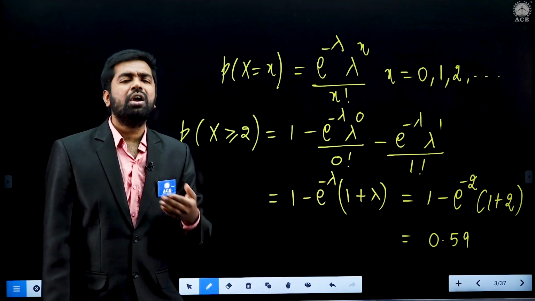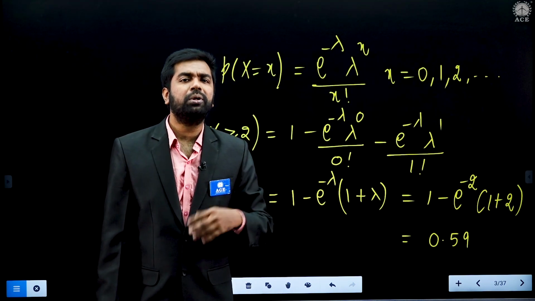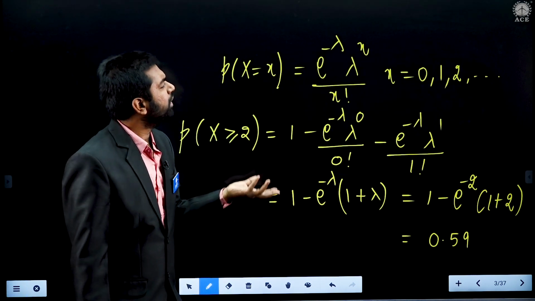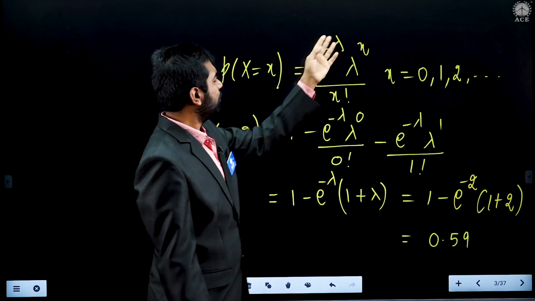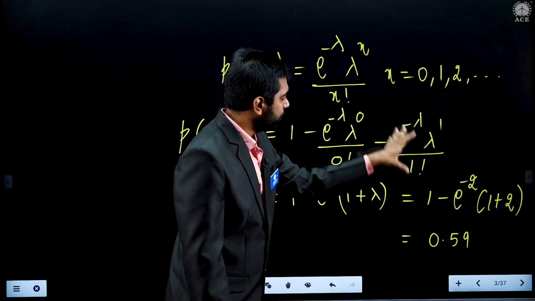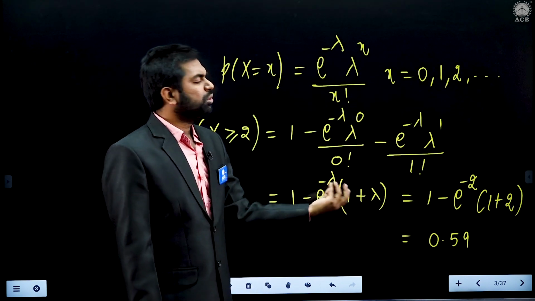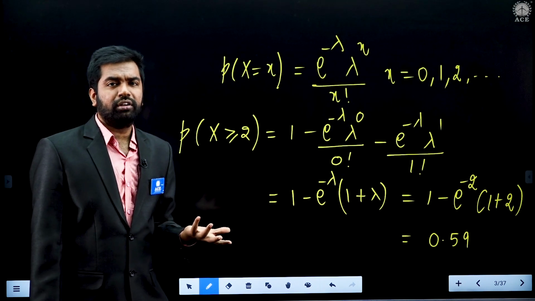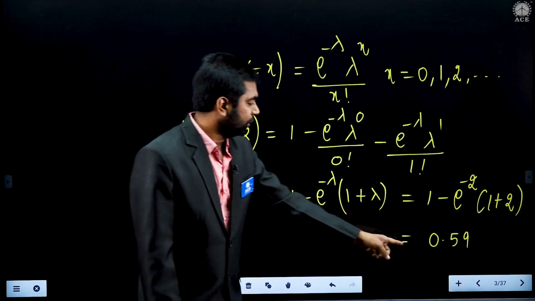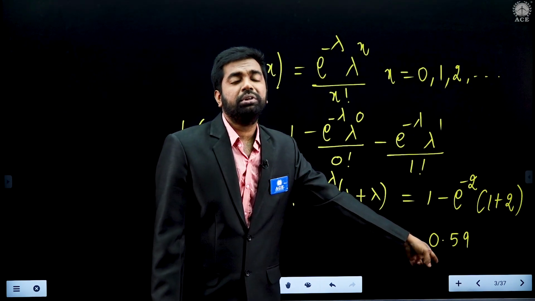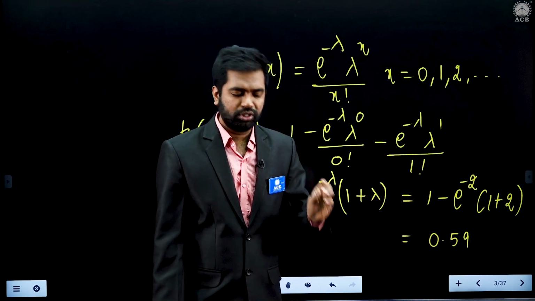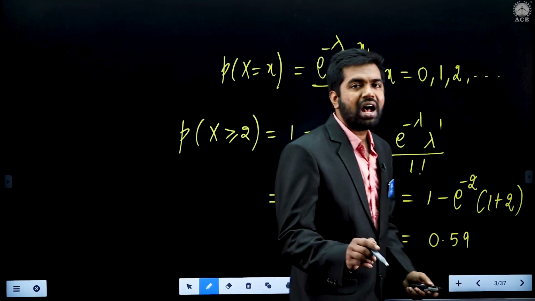What we need is probability that x equal to 0 and probability that x equal to 1. Simply substitute x equal to 0, x equal to 1, put it here, and then do the simplification. Use your calculator and get the answer. So the answer turns out to be 0.59. It's a very simple problem that was asked in the GATE.